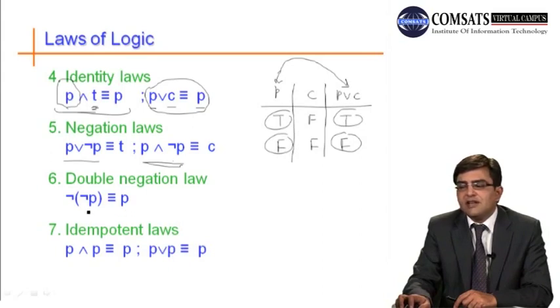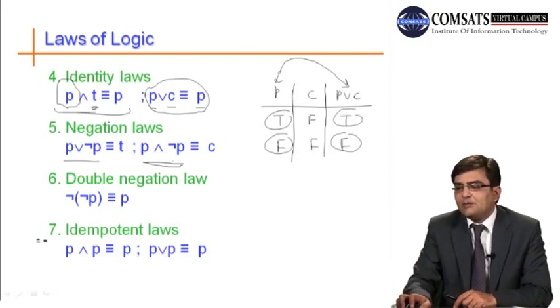If we take its negation, it will become false, and if we take its negation again, it will become true again. So in both rows, P is logically equivalent to the negation of the negation of P. So this is called the double negation law.